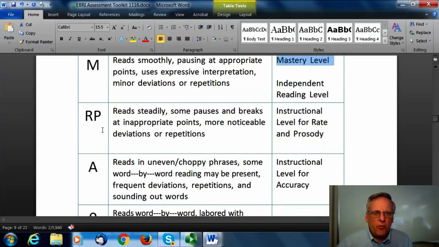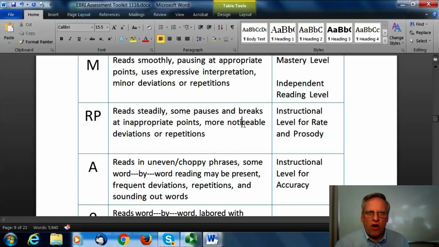The second thing that we're looking at here on page 9 is RP, and that stands for rate and prosody. What we're seeing here is that the rate and prosody of the reader is beginning to break down. While they're still accurate, while they're still knowing what these words are, really what we're seeing here is a slowdown. The reading rate slows down.